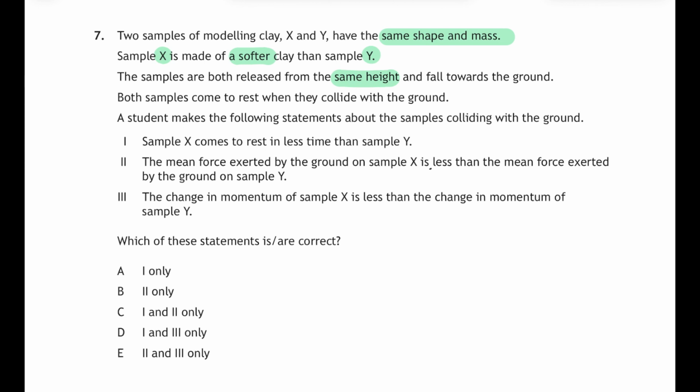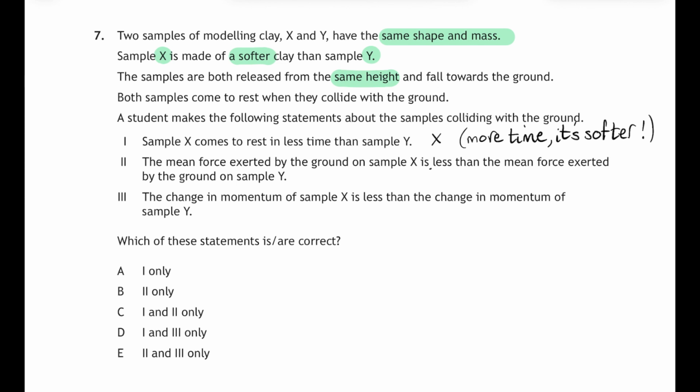So statement 1, sample X comes to rest in less time than sample Y. Well, no it won't, because if sample X is made of a softer clay, then it's more cushioned and it will take more time to come to rest because it's softer. So that one's wrong.